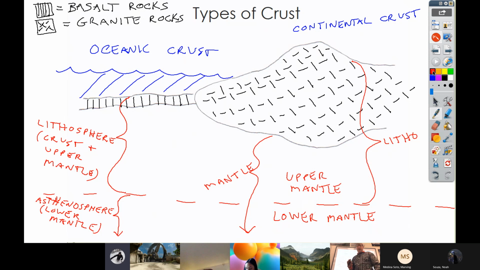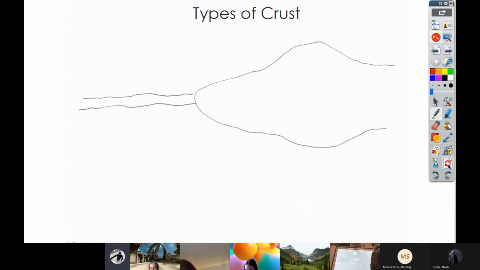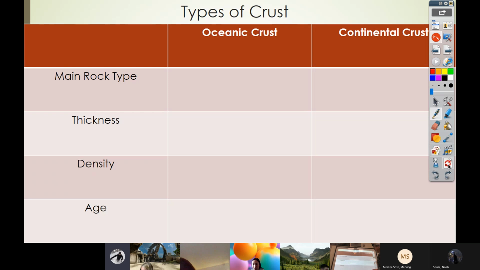So I'm going to erase all of this. This was only a comparison of the two kinds of crust, right? In a diagram format, but we're going to make another comparison as a chart. So I'm going to erase this. And then the next thing I'd like you to do on the same page, you can just do it underneath that one, is copy down this chart.